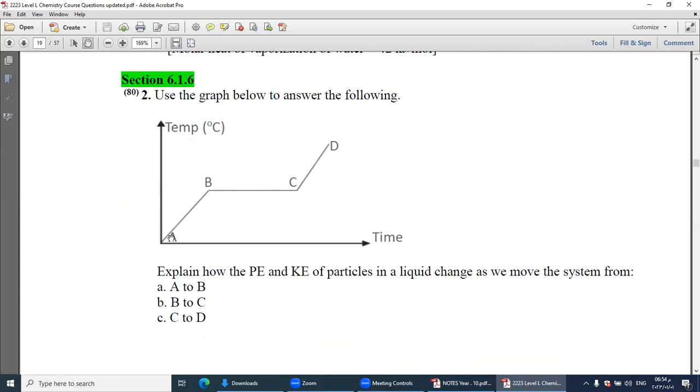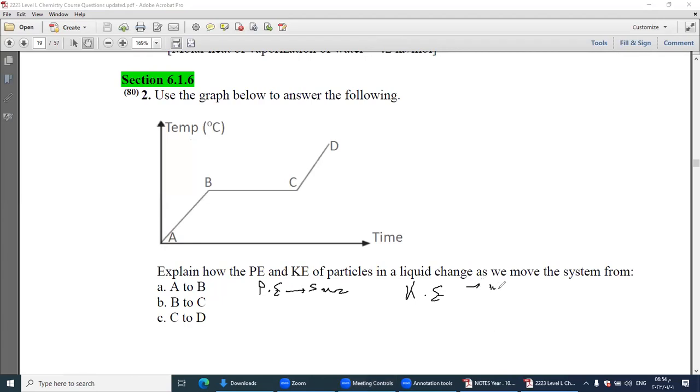Temperature increase. Okay, so we will talk first about A to B. Let's describe A to B. Potential: same. Kinetic: increases.